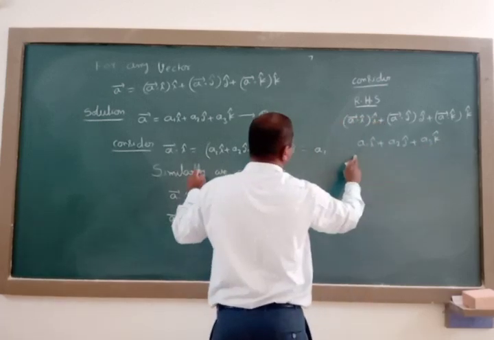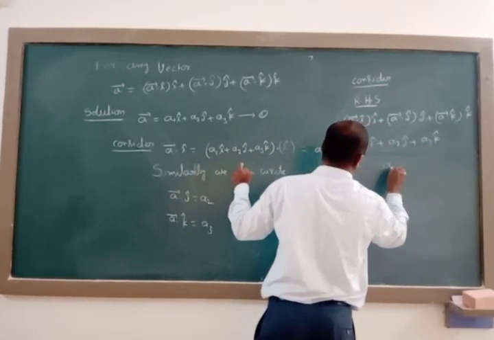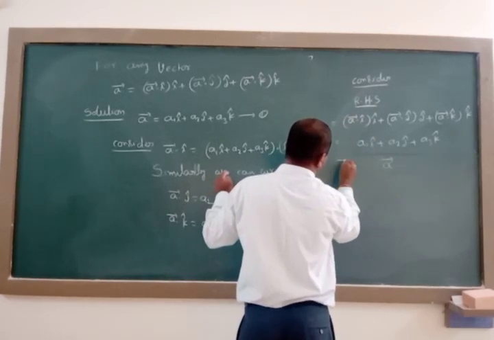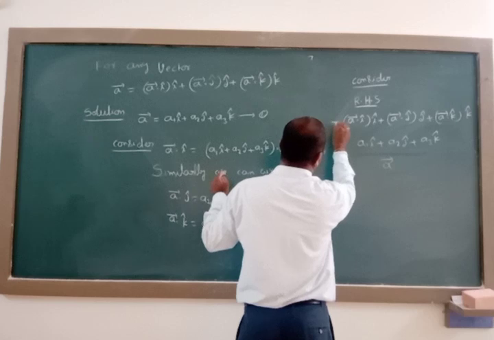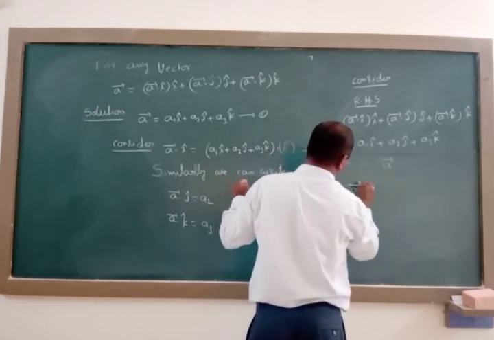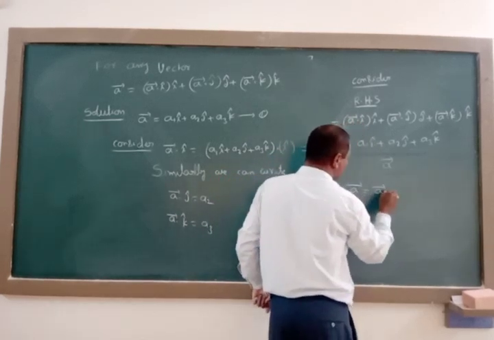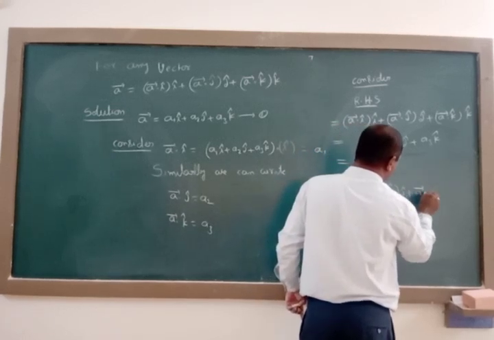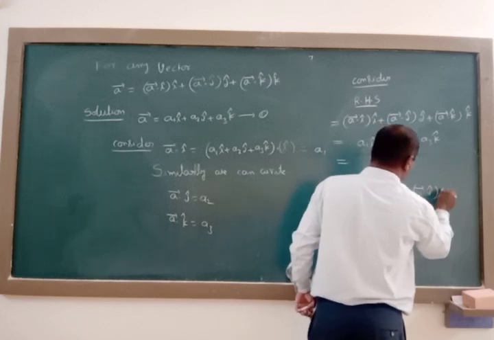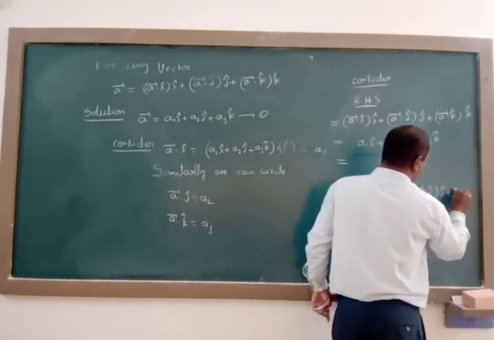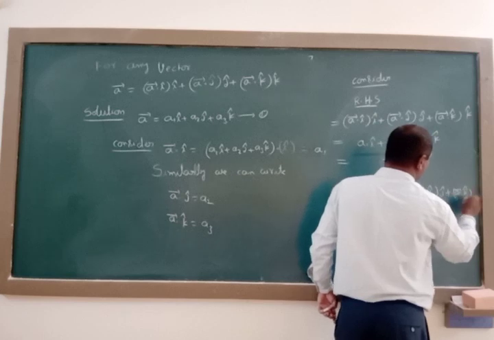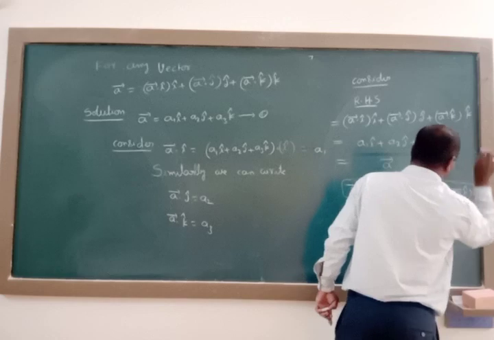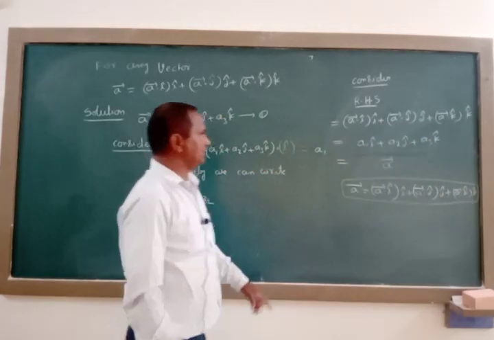From equation 1 this is equal to a bar only. Therefore finally we can write a bar is equal to a bar dot i cap into i cap plus a bar dot j cap into j cap plus a bar dot k cap into k cap. With the help of RHS we proved the LHS part. Therefore we are getting this result.